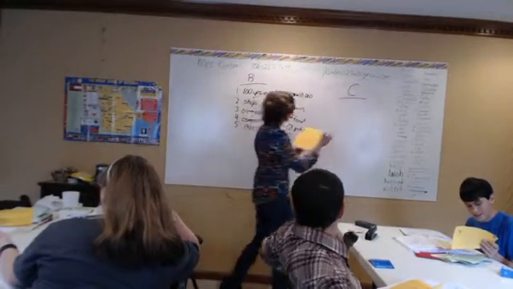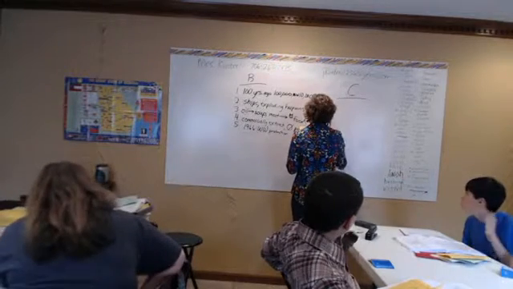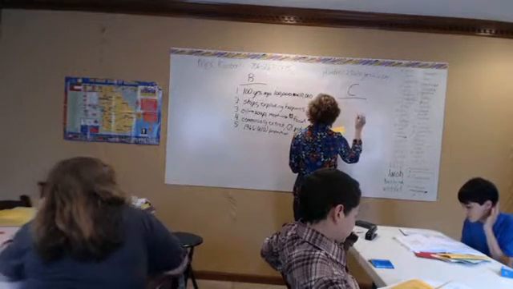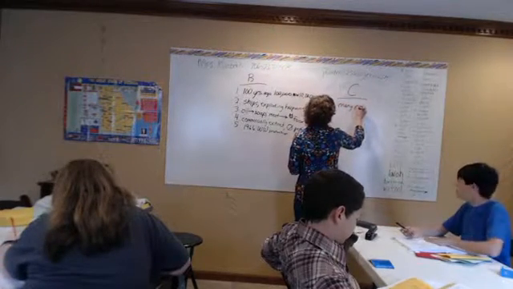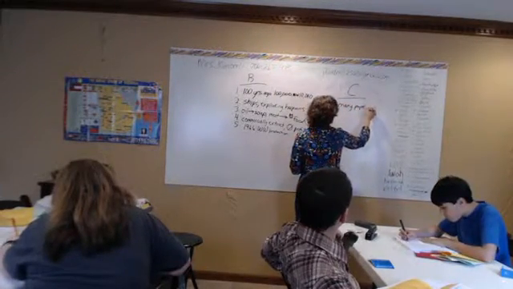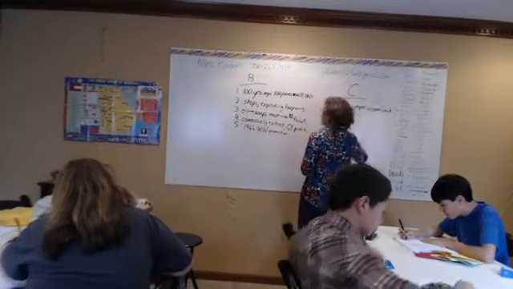Okay, so let's go back and find out what facts we can put down for C. Is everybody ready to go? Okay, many populations wiped out. Or you could say obliterated if you wanted to.